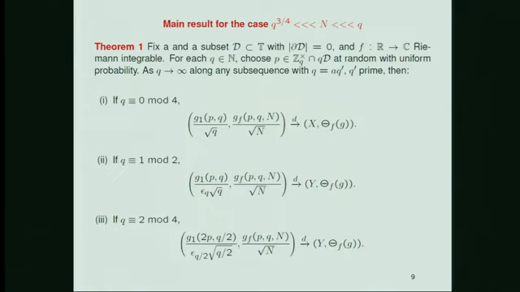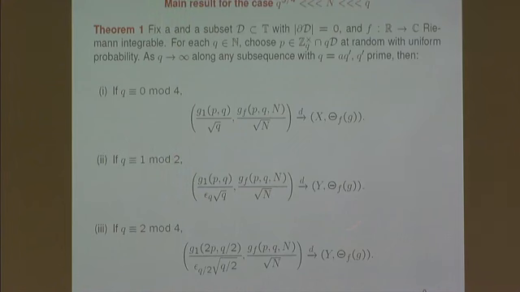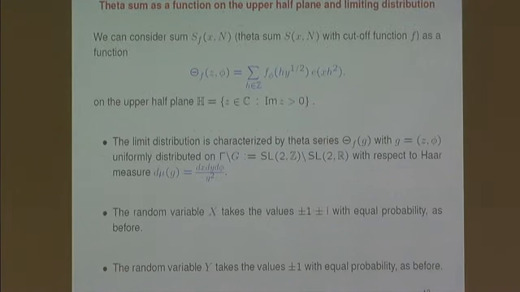So this time our limiting distributions are theta series, theta sums. I will explain this in the next slide. D again just denotes the convergence in distribution. So we can consider this S of x n as a theta sum with the cutoff function f.